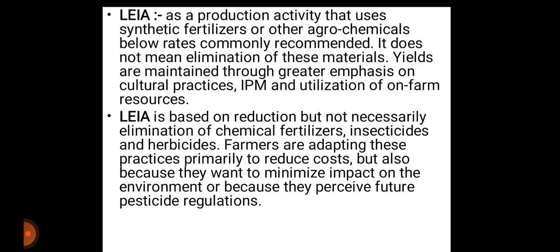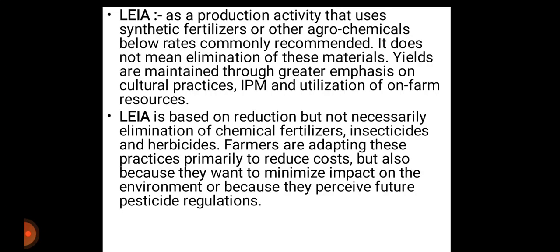Then we discuss low external input agriculture, a production activity that uses synthetic fertilizers or other agrochemicals below rates commonly recommended. It does not mean elimination of these materials. Yields are maintained through greater emphasis on cultural practices, integrated pest management (IPM), and utilization of on-farm resources.